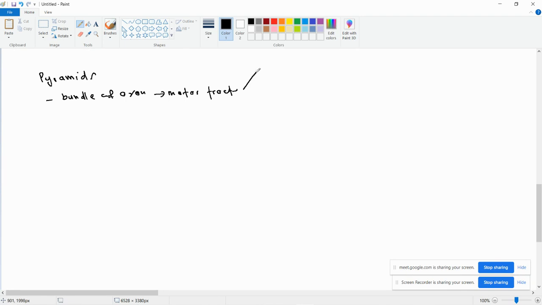You should remember that inside your pyramid you have two tracts passing through. Number one, the corticospinal tract.